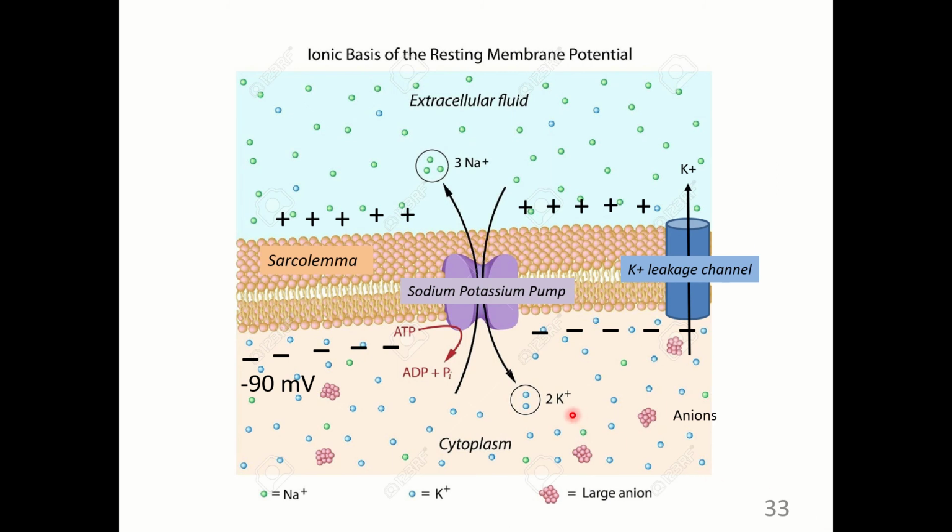This illustration shows the ionic basis of the resting membrane potential. At rest, the resting membrane potential is going to be a negative 90 millivolts. Voltage is the difference in the charge across the membrane. The primary factor in establishing resting membrane potential is the leakage of potassium ions from the inside of the cell to the outside of the cell.